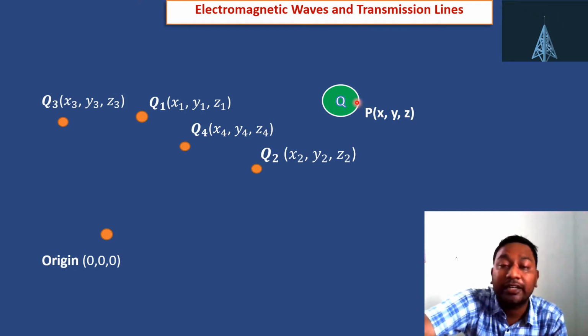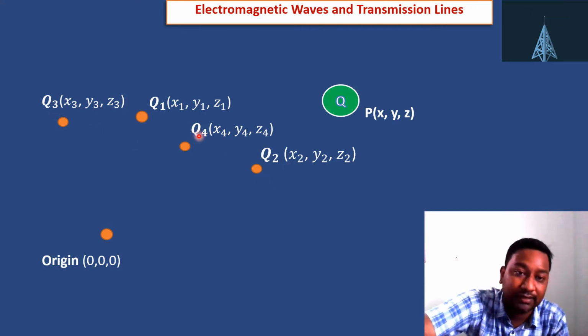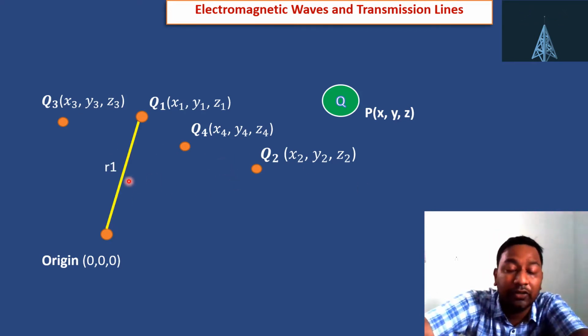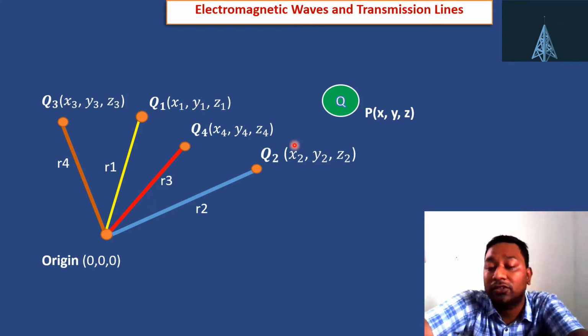So the electric field intensity at that point is the force per unit charge when it is placed in an electric field. Here there are 4 charges, Q1, Q2, Q3 and Q4, placed at R1, R2, R3 and R4. Those are the vectors we are considering in the Cartesian coordinate system.